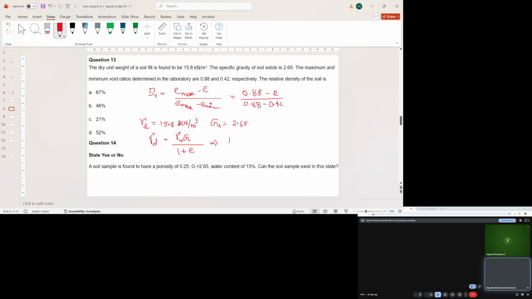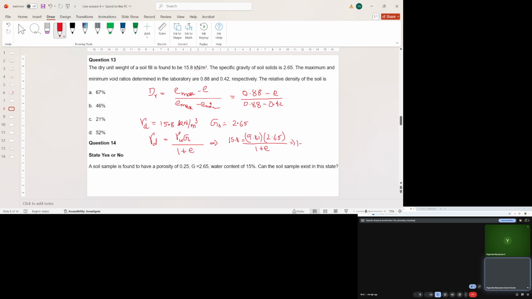So we know that 15.8 is equal to gamma w, let it be 9.81, into 2.65, divided by 1 plus e.